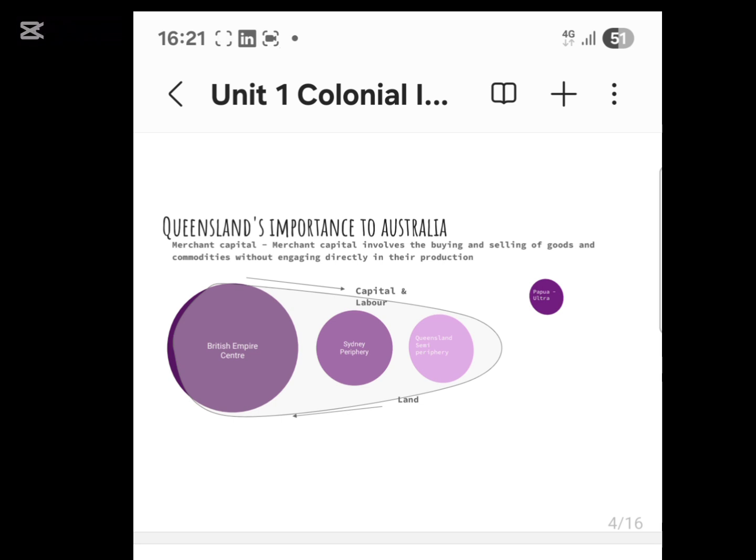Now let's look at how primitive accumulation, together with the center-periphery argument, affected the growth of Papua and New Britain from 1884 to 1945.